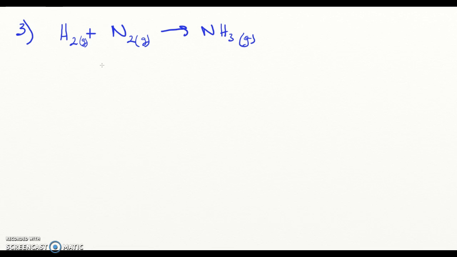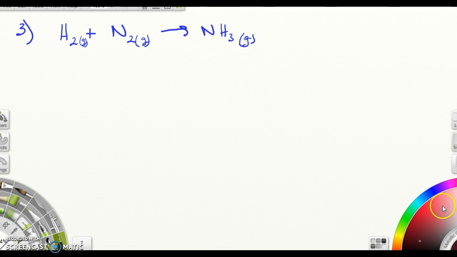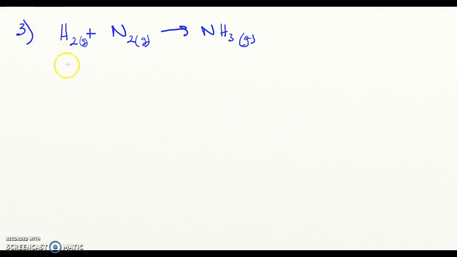Let me fix my color. Sorry about that. All free elements have a 0 charge. That's on that rule sheet as well. Nitrogen is also a free element, so it too has a 0 charge.